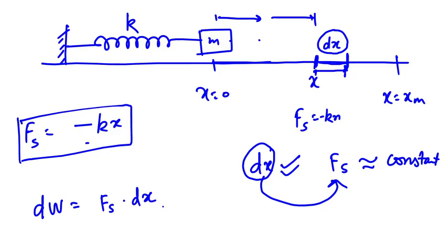But when we obtain work done from x equals 0 to x equals xm, we have to take all such small intervals. Let's say we have divided this displacement into small intervals of dx. So we have to take all the small dW's and add them. Here we take the integration approach, because this is the way to obtain it.